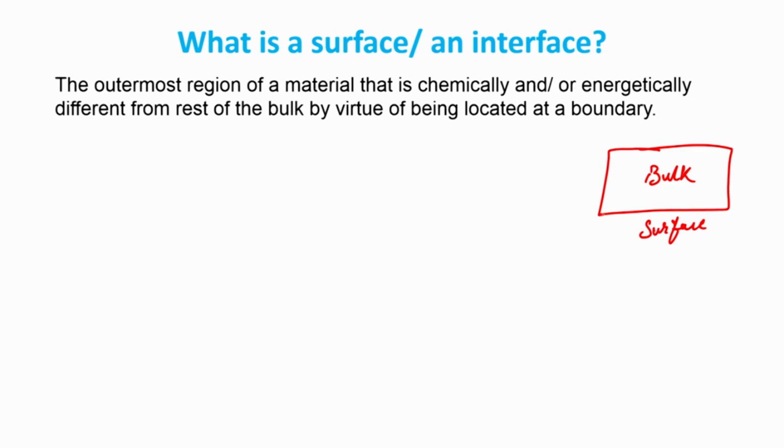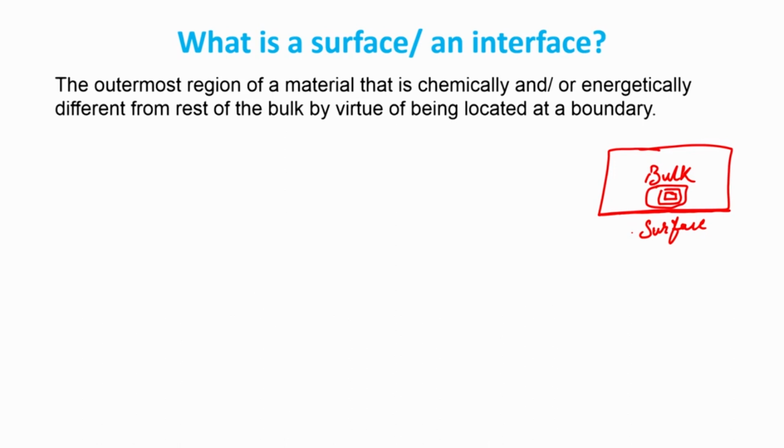When I say surface, it is a region which is slightly different from the bulk, because it is exposed to a different environment than the bulk. If I take a bulk volume here, all sides of this bulk volume are exposed to the very same environment, but as you get closer and closer to the surface, that is not true.